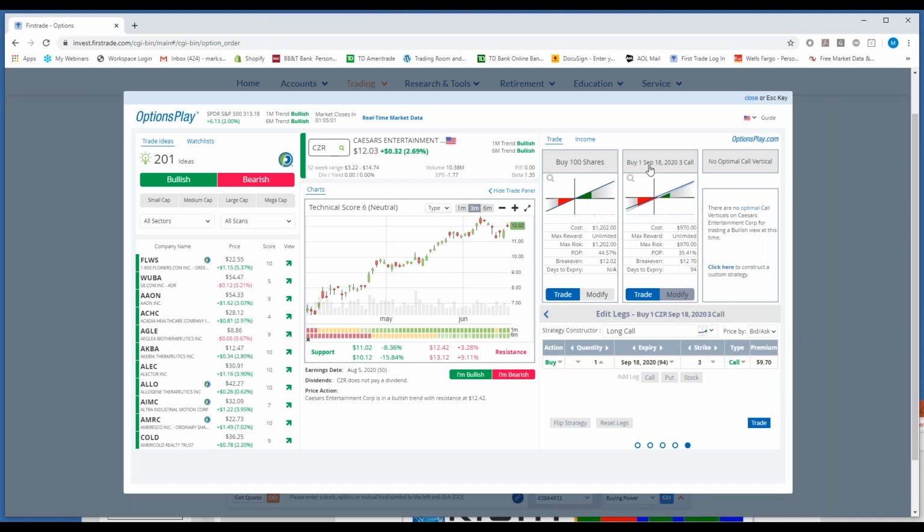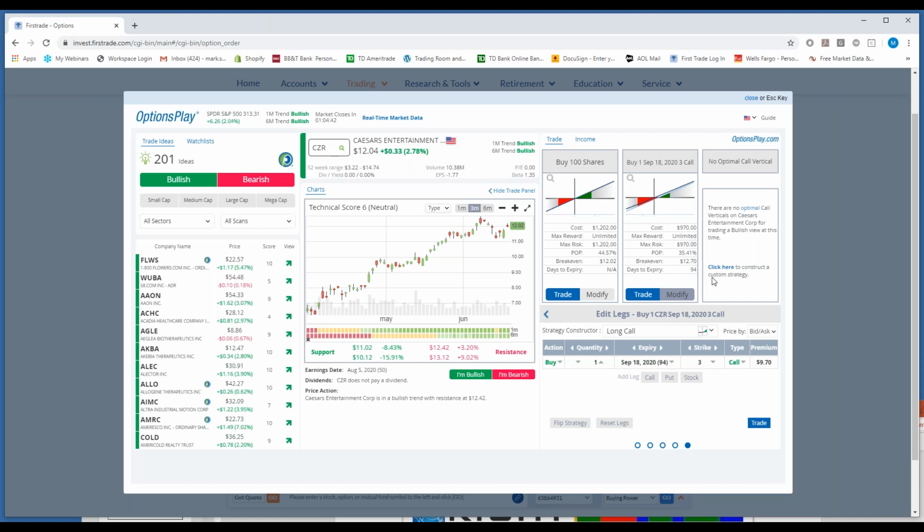And here's your not so great. Cost is 970. Max risk is 970. Max reward is unlimited.